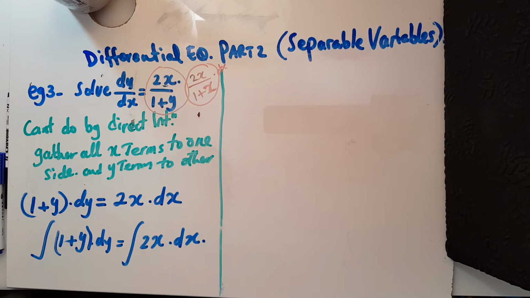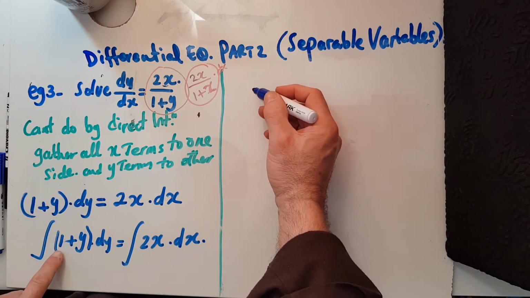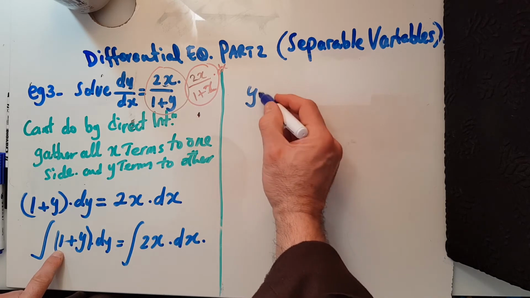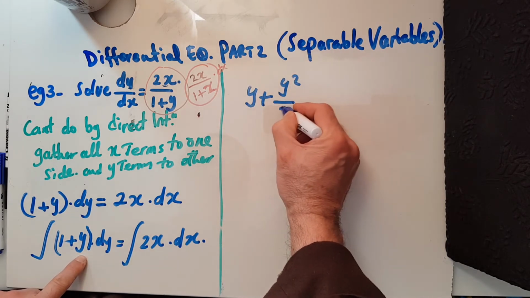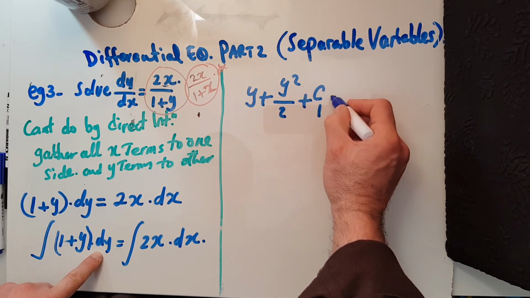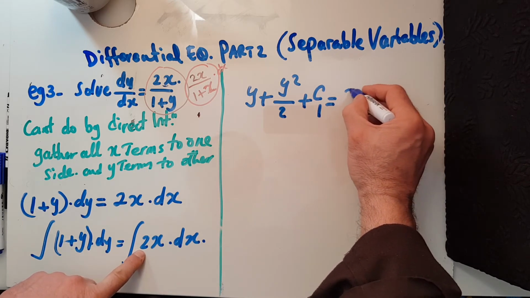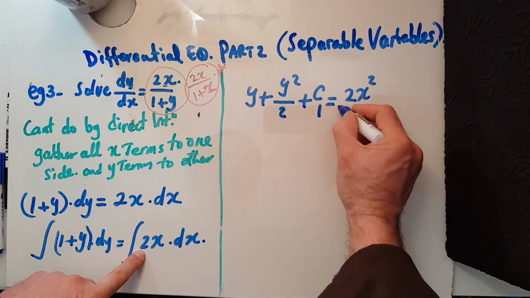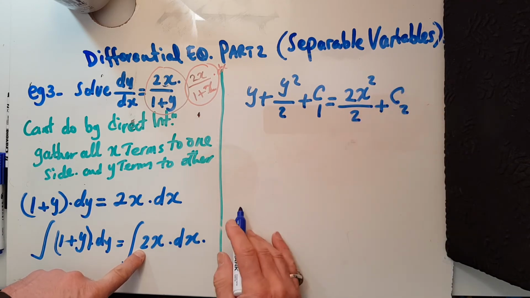Then we integrate as usual, so the integration of 1 is y, plus the integration of y, which is y squared divided by 2. You could have a constant here, call it 1, equal to the integration of 2x, which is 2x squared by 2, plus a constant.